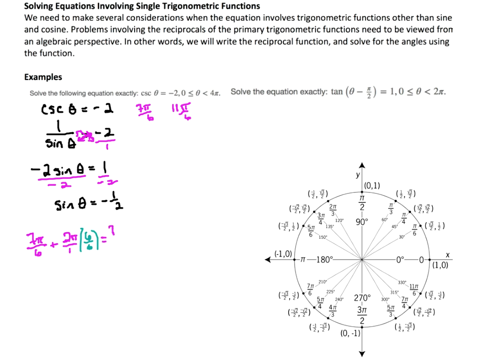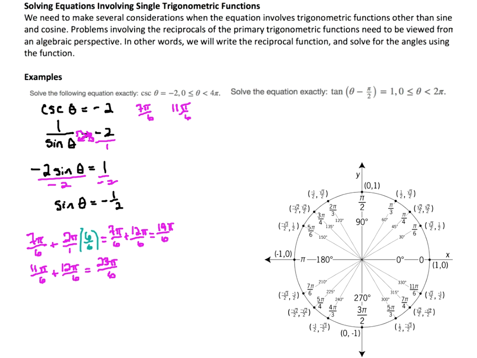And that has me adding 7 pi over 6 plus 12 pi over 6, which is 19 pi over 6. So I've got another solution there. And I need to do the same thing with 11 pi over 6. I add 2 pi, which we know is 12 pi over 6. And that gives me 23 pi over 6.